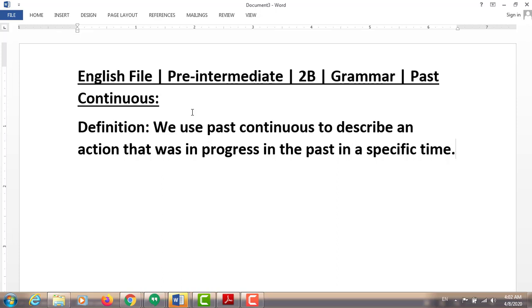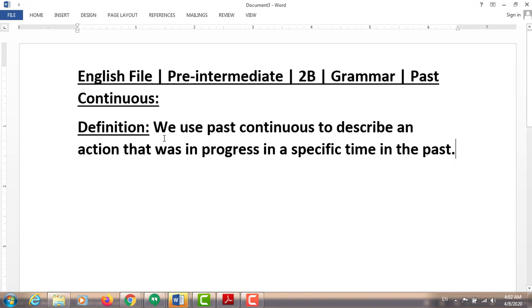Remember, we use past continuous to talk about an action that was in progress in a specific time in the past.